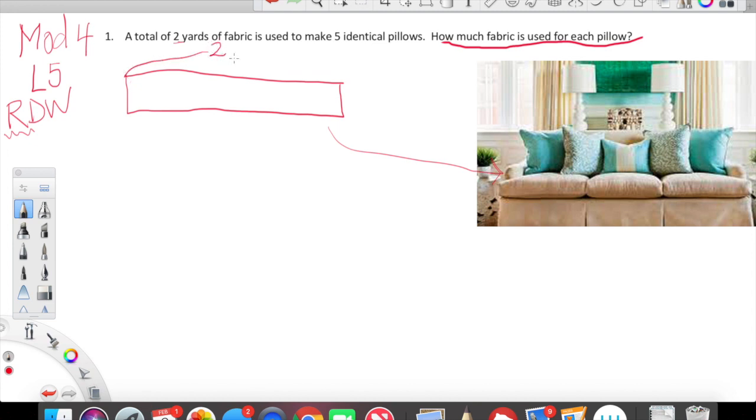So here's my tape diagram. The fabric represents 2 yards. We are going to make 1, 2, 3, 4, 5 identical pillows. I know that these don't look identical, but if you squint your eyes, maybe you can pretend. We're going to make 5 pillows, and each of these pillows uses the same amount of fabric.